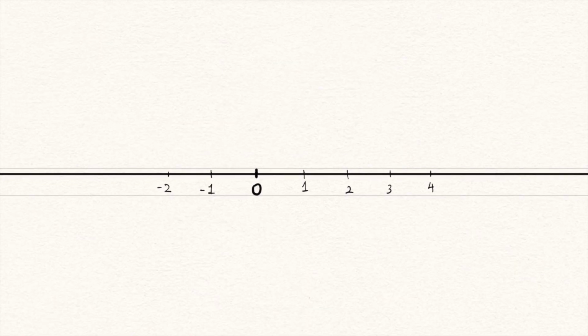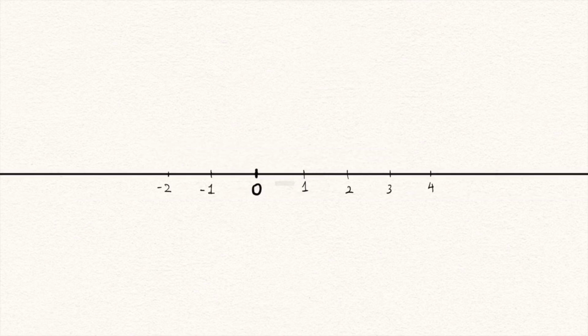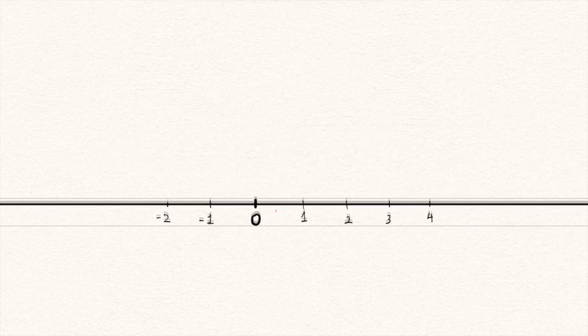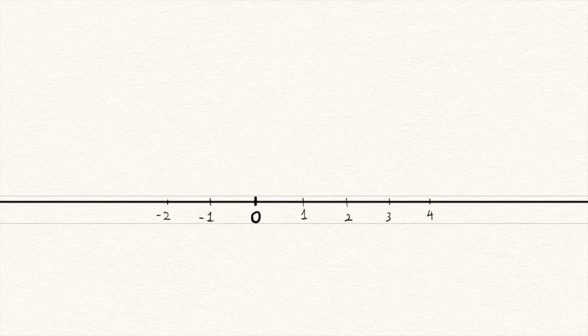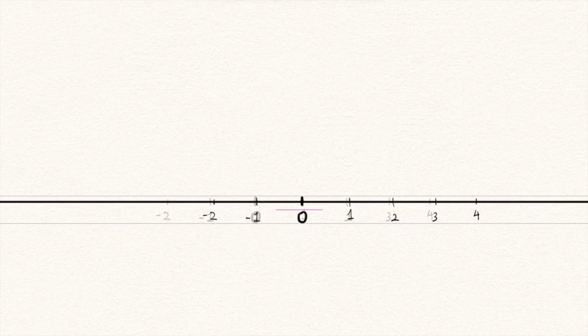I have 0, and I'm going to move this black number line to the right by 1 unit. That is what that action looks like. I move the black point 0 to the gray point 1. That is the action, the verb corresponding with the noun 1.